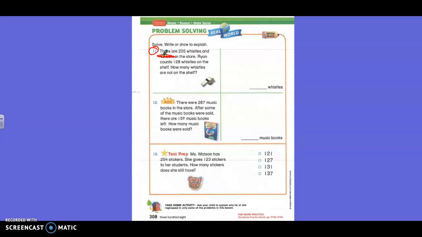Some people just look at the numbers and they just subtract by looking at the numbers and that's it, which a lot of you tried to do yesterday on that middle question. This is showing you, you have to read it. Don't let it trick you. It has nothing to do with bells.